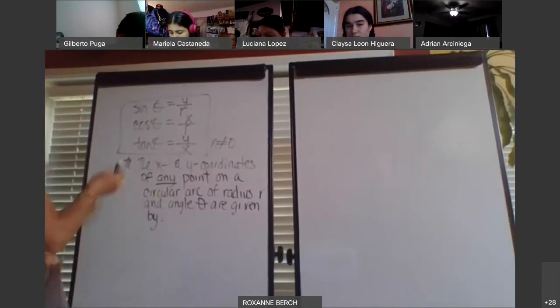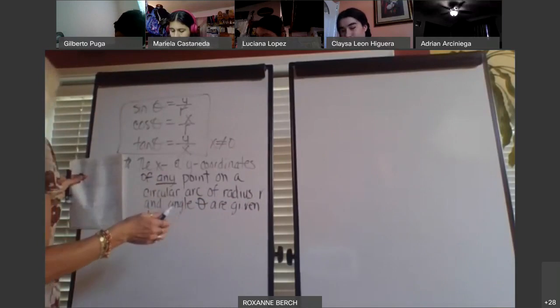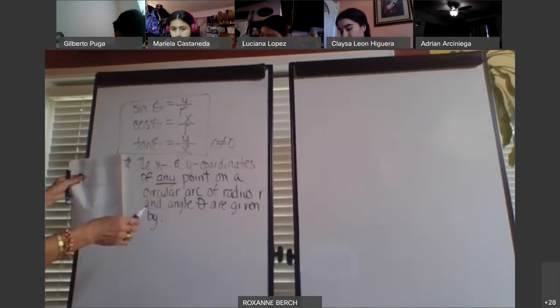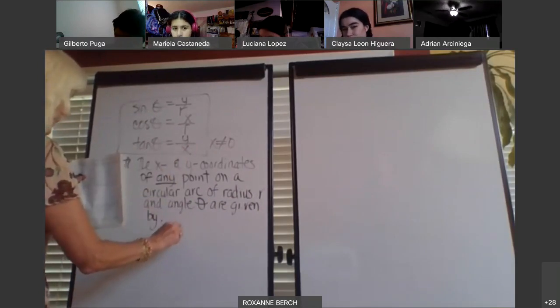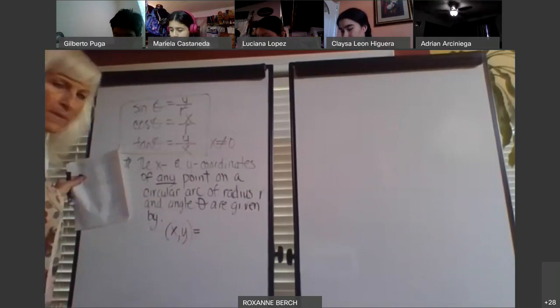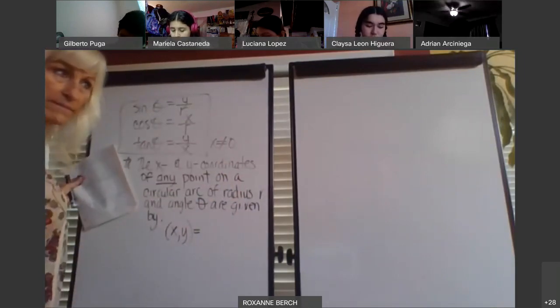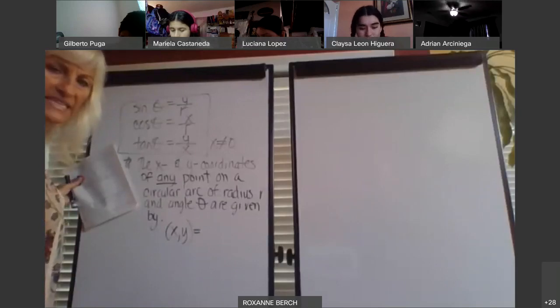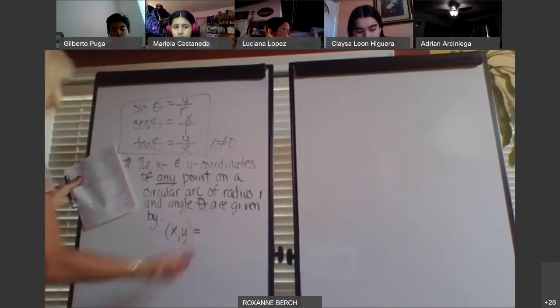Okay, so the x and y coordinates of any point on a circular arc of radius r and an angle theta, and it does have to be centered at the origin, is this. That ordered pair is equal to, remember on Monday, I said that it was cosine of theta and sine of theta. Well, now I'm changing it a little bit.